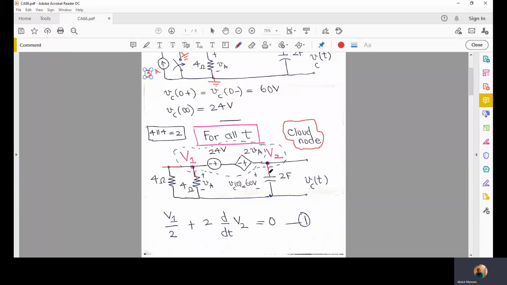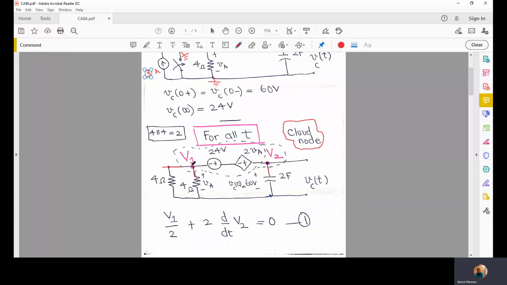So we have these three, and these two can be combined together, because 4 and 4 ohm resistors connected in parallel with each other become 2 ohms. 4 in parallel with 4 is 2. So there are only two branches connected outside of this cloud: the 2 ohm resistor, the parallel combination of the 4 and 4 ohm resistors, and the current through this 2 farad capacitor.